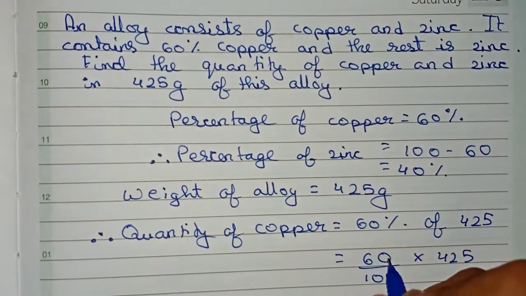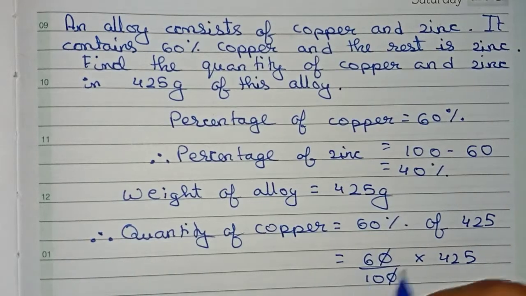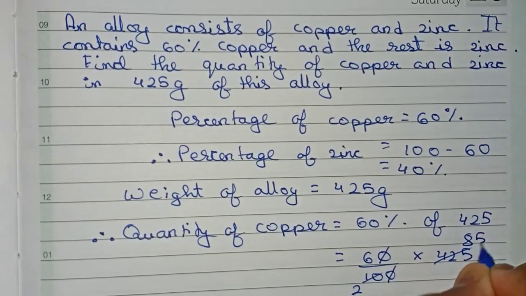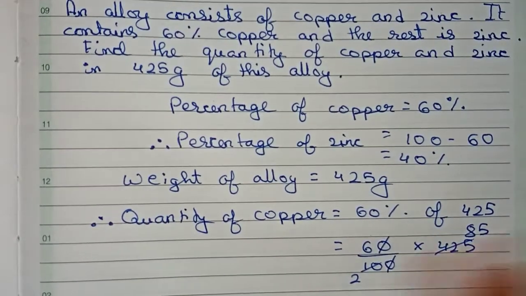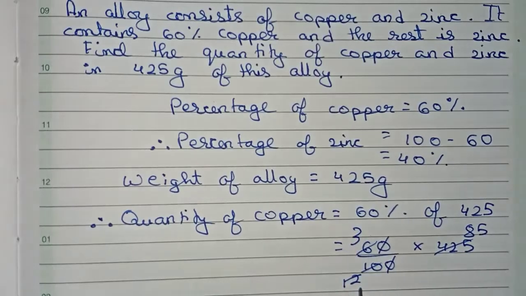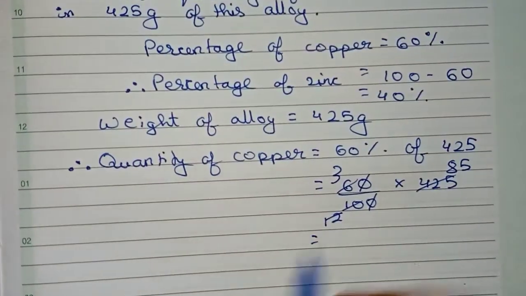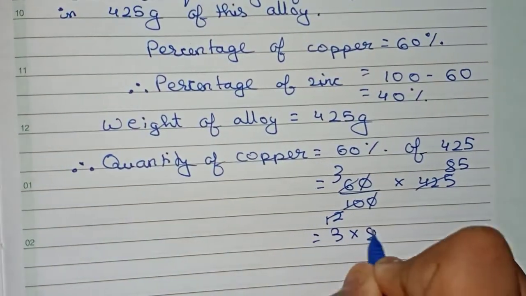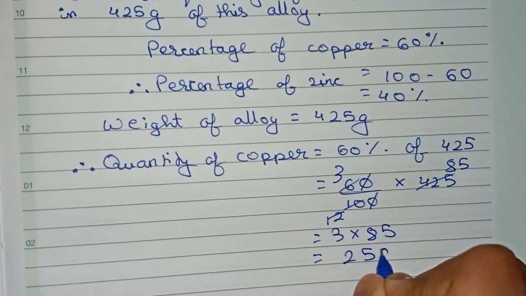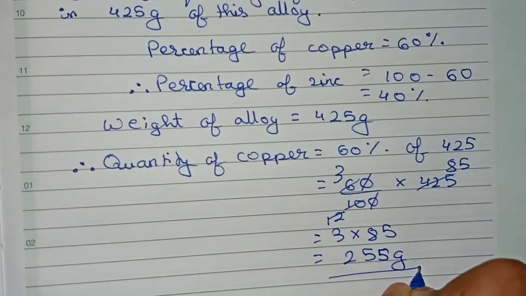First we cut the zeros. Now I cut 10 and 425 by 5, it becomes 2 and it becomes 85. Now we cut by 2, 6 and 2, so it becomes 3. So 3 into 85 remains, which is equal to 255 gram. Therefore this is the quantity of the copper.